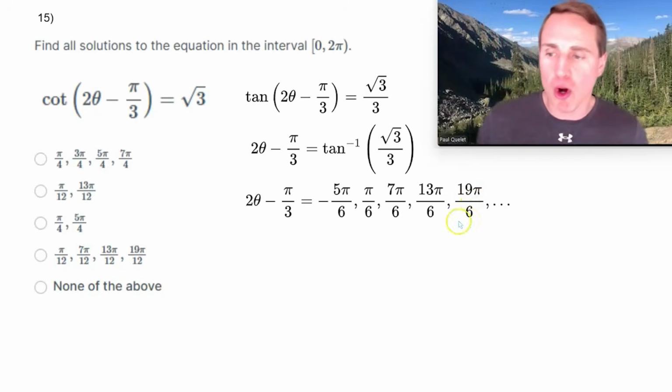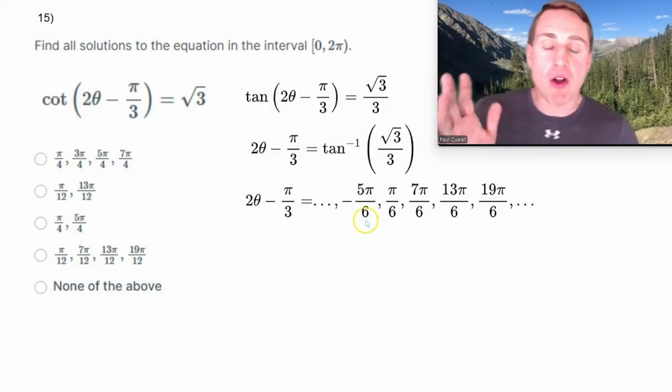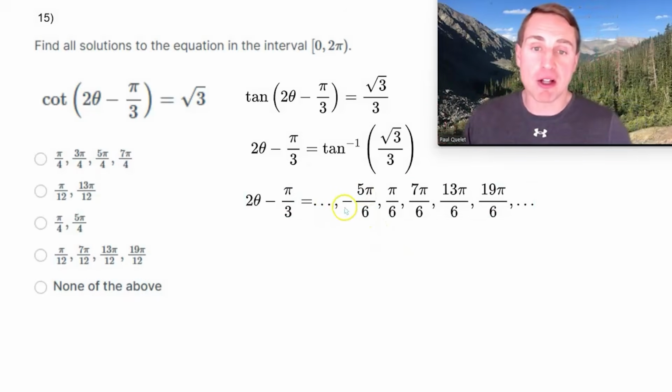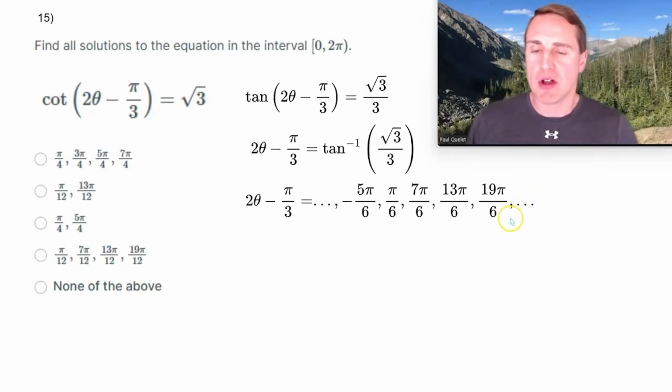Those angles could work, maybe, because when we divide by 2, they might end up shrinking down so that they'd actually be in the range 0 to 2 pi. So let's not exclude any of these, at least to this point. By the way, on each end of the commas, I'm going to put the little ellipsis here because maybe there might even be other coterminal angles. But let's go ahead and at least work with these 5.